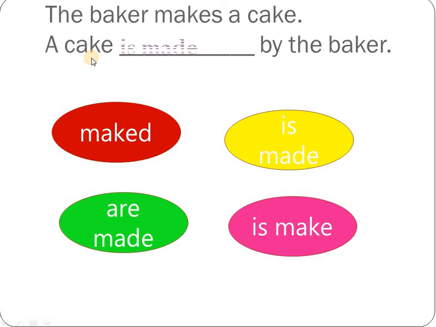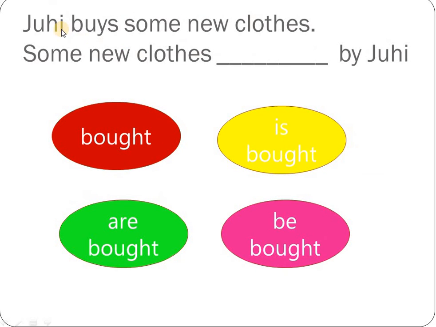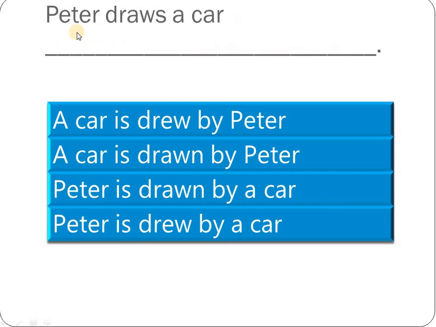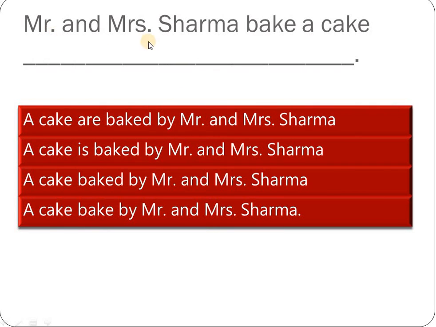A cake. Juhi buys some new clothes. Some new clothes. The maid cleans the house. The house. Peter draws a car. Mr. and Mrs. Sharma bake a cake.